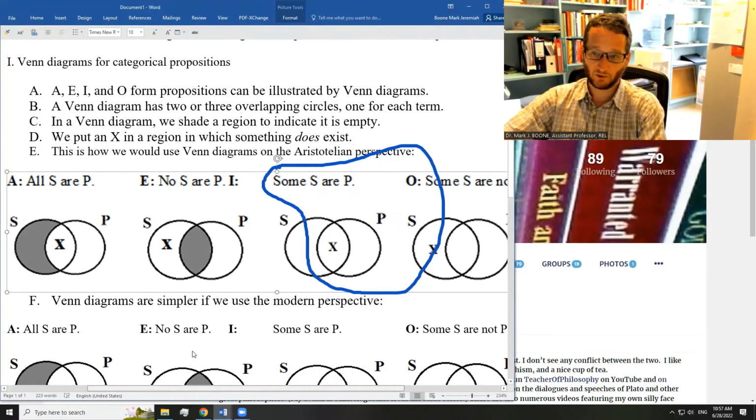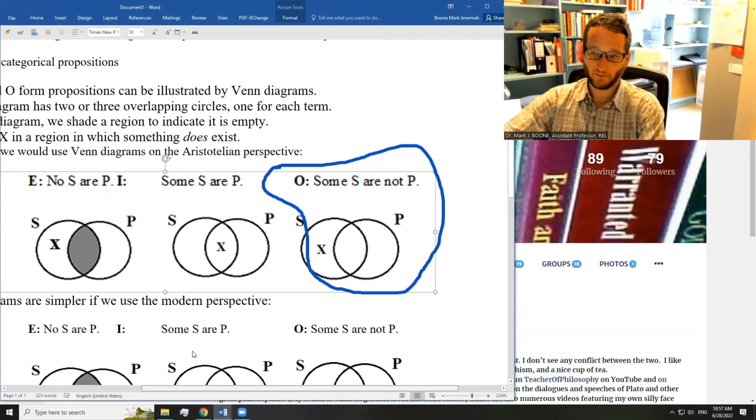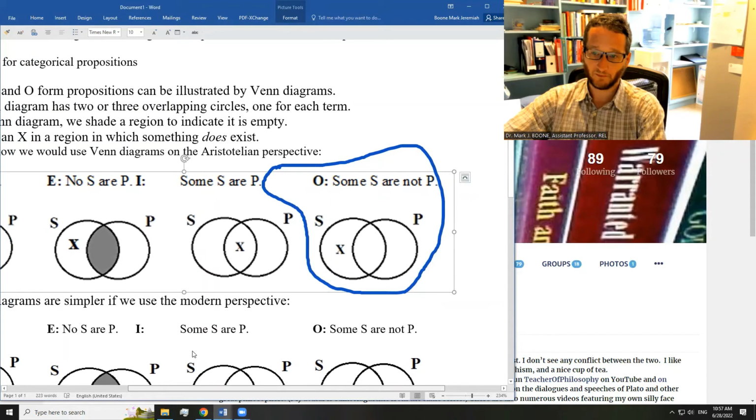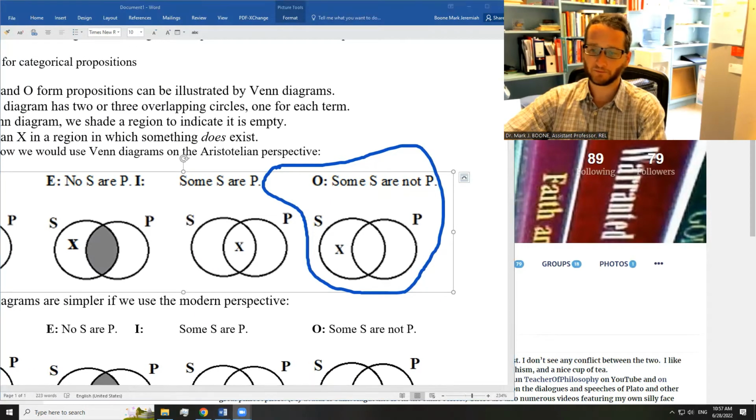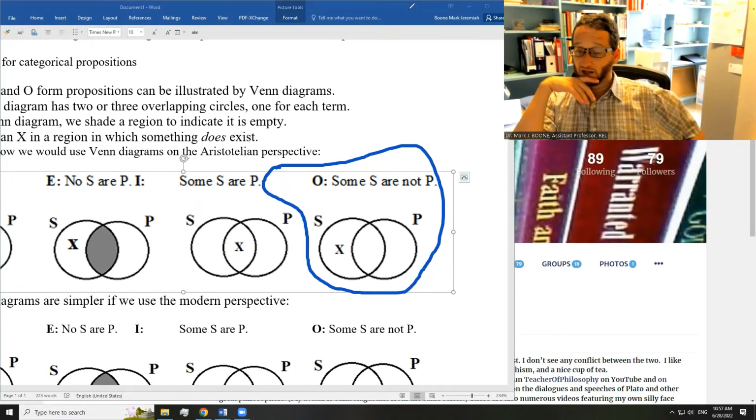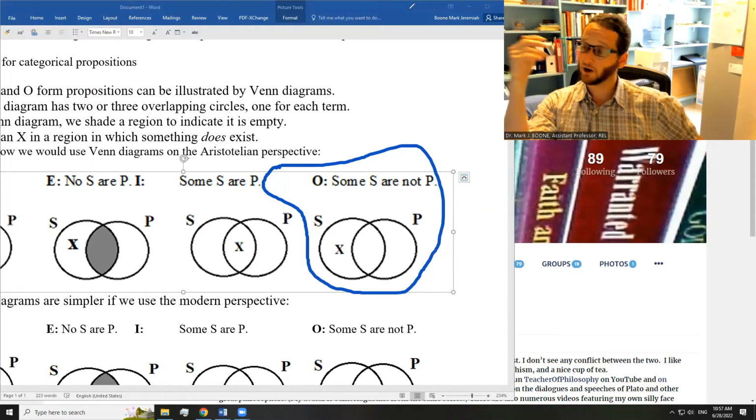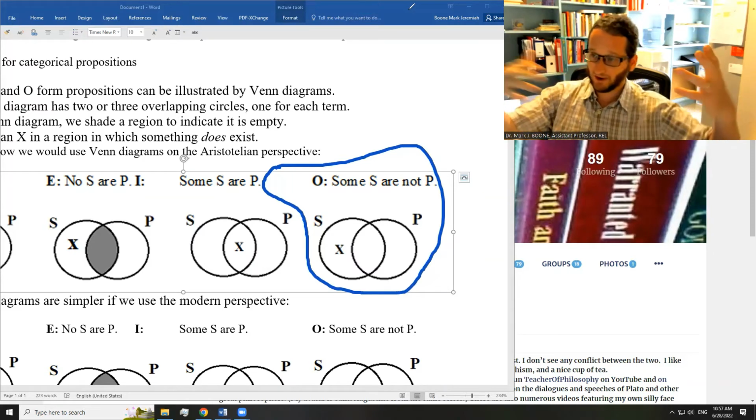Now let's go to a Venn diagram for an O form proposition. It's similarly very simple on the Aristotelian perspective, also on the modern, but we'll get to that in a moment. Let me think. Some guinea pigs are not pets, right? There are wild guinea pigs.